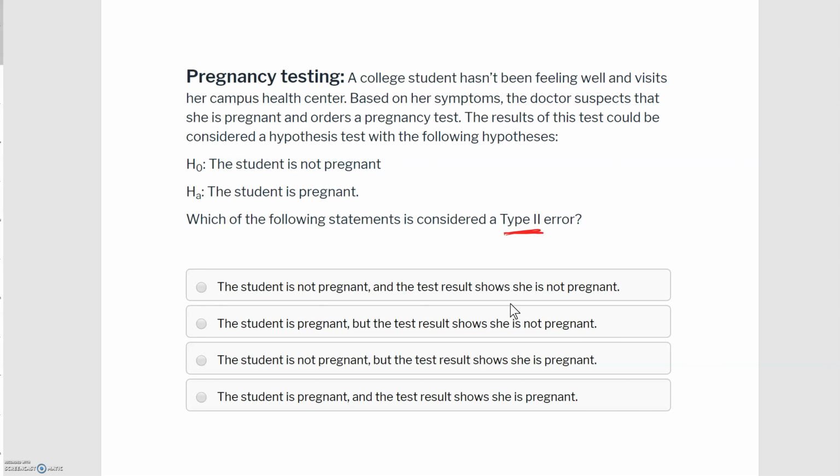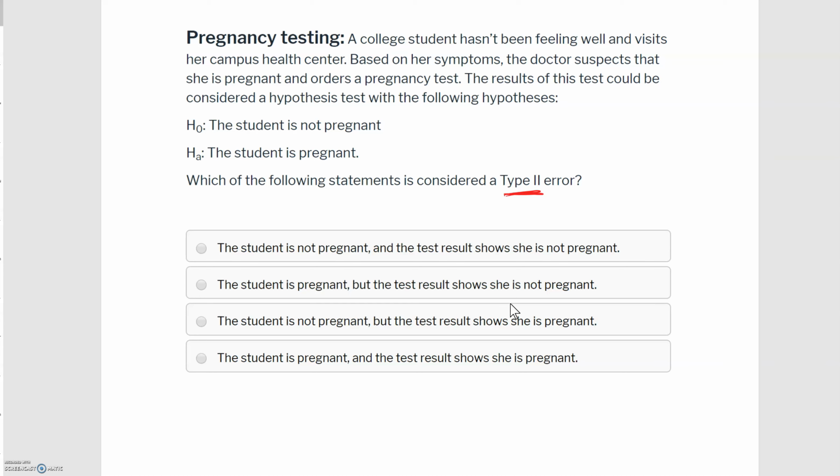So if you recall from that other video, a type 2 error is when you fail to reject the null, which is a fancy way of saying you didn't reject the null when in fact it was false. So the null is false.